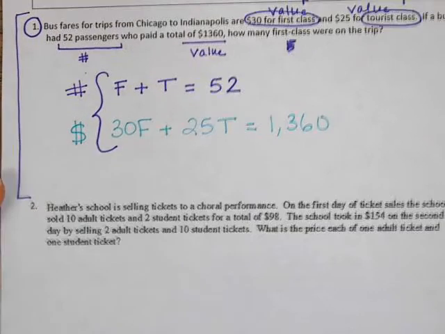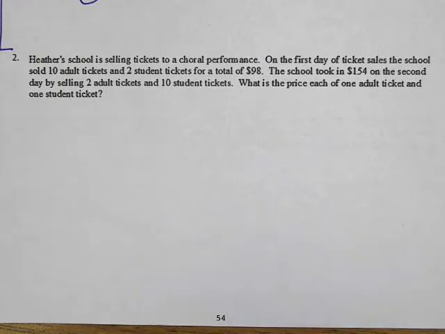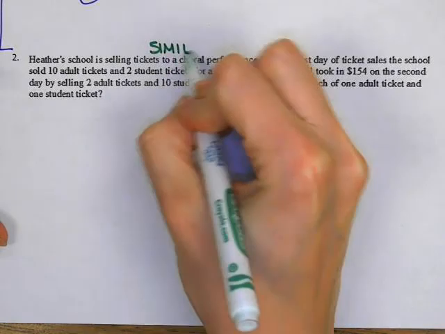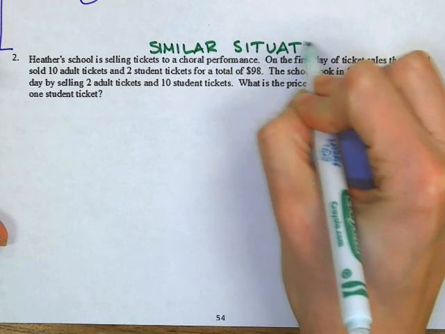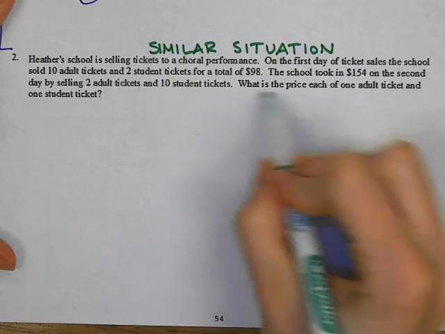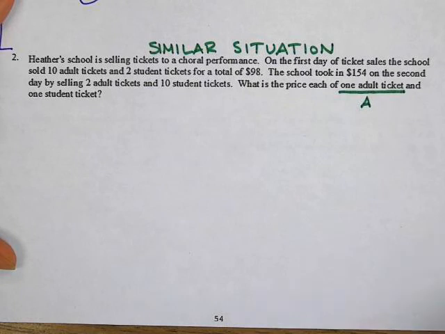Okay, now number 2 is a different type. It's still about value and tickets, but I call this one a similar situation problem. And you'll see why this one's a little bit different. Okay, so first let's define our variables. What is the price of one adult ticket? Do you guys want that to be A?